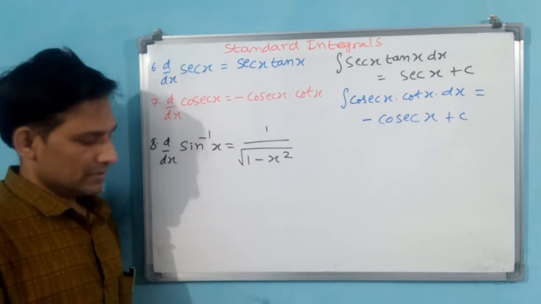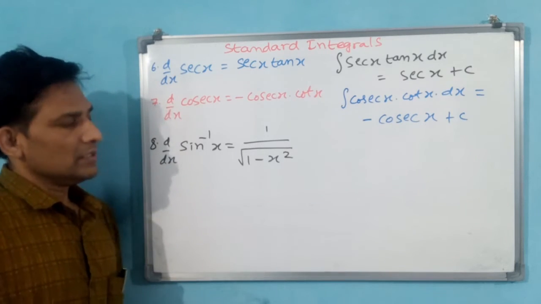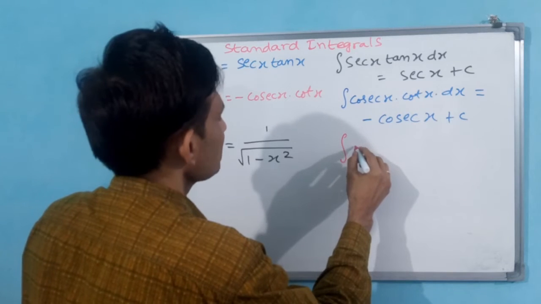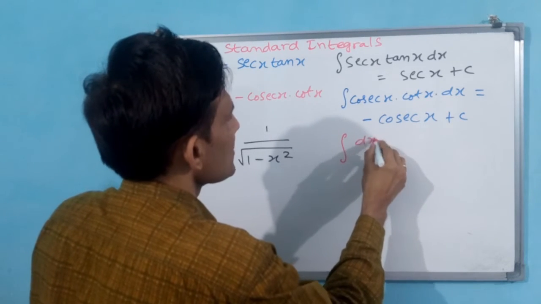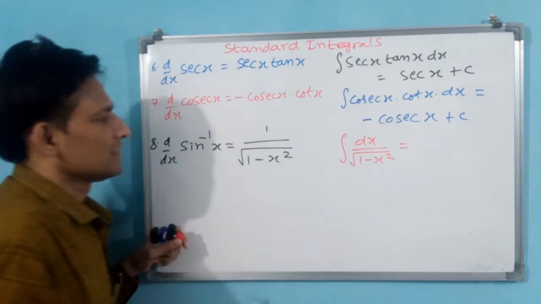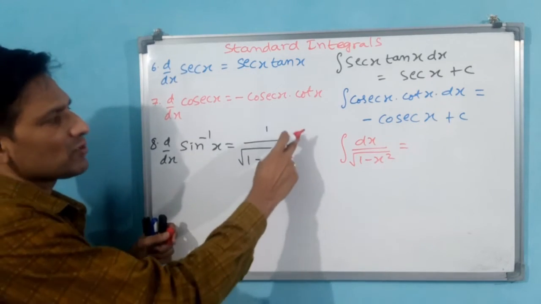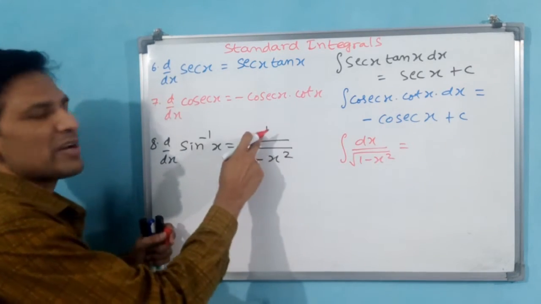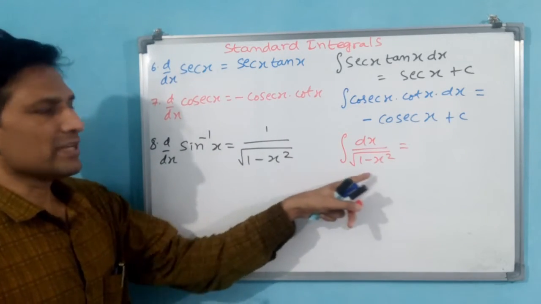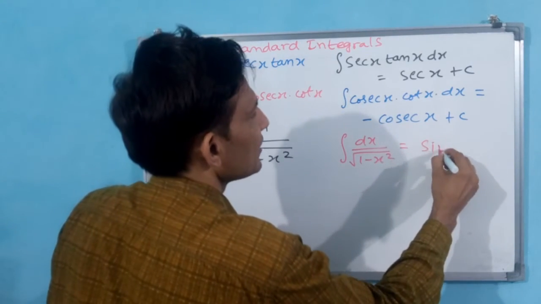Is it okay? Then you write integral of this. Is it correct? First you see. Why? Because integral 1 by square root of 1 minus x square into dx, if you write it, dx is going to multiply with 1 only. That is why directly I have written dx by square root of 1 minus x square under integral. Both are same, na? Then you write sine inverse x plus c.